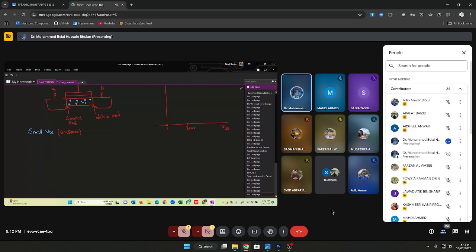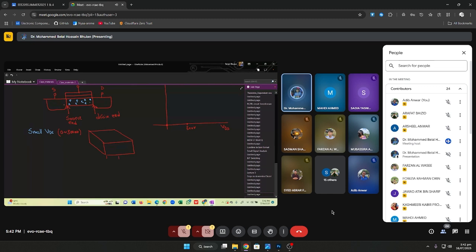Let's say this is how it looks. This is the channel depth, and this is our channel region. The entire structure is a three-dimensional structure.